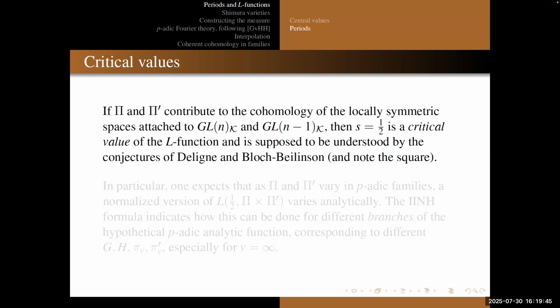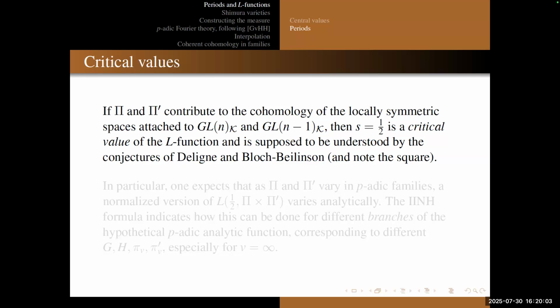All right. So as I said, capital Pi and pi prime are supposed to contribute to the cohomology of locally symmetric spaces attached to GLN. And then this is a critical value. And as I said, it's understood by the conjectures of Deligne and Bloch-Kato.